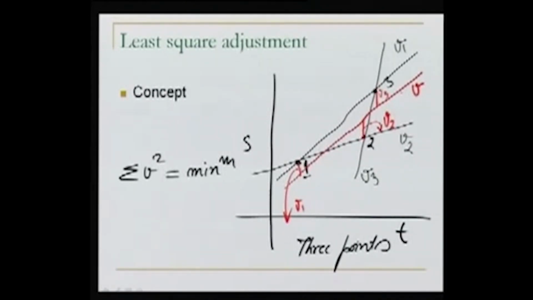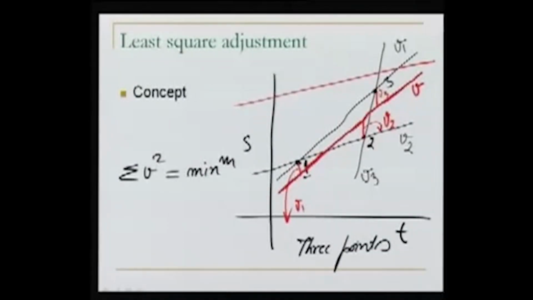Now we will go for a line, as over here I have drawn the line in red color. I am saying this line is the best line which can be fitted to these 3 points. When will we say it is best? We will say it best only if the line deviates from point number 1, point number 2, point number 3 such that the overall deviation of this line from all the points is least, is minimum, isn't it?